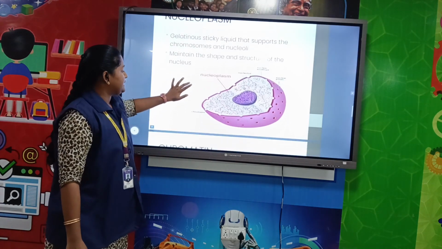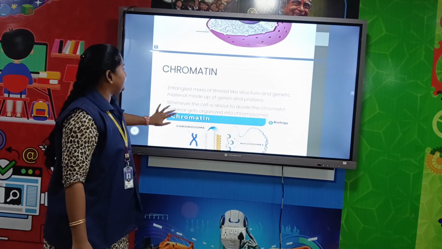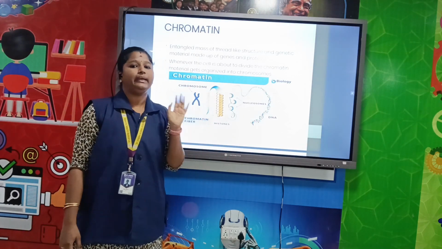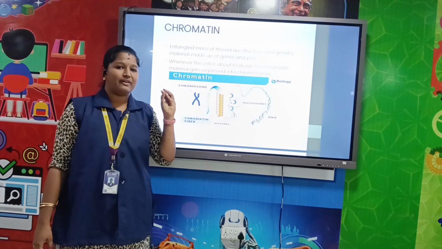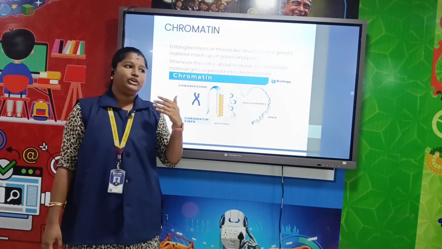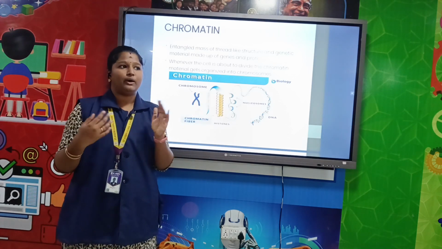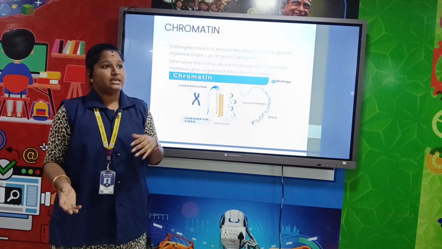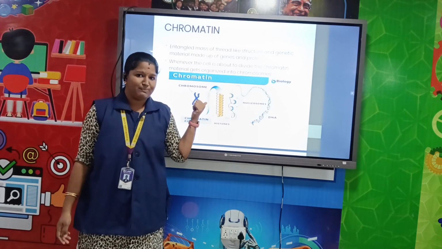Next we move to the third component, that is chromatin. This chromatin is a very important concept. You have studied it in the lower classes itself. When you are dealing with the higher classes, or if you are planning to take a science group in college, chromatin is a very important basic concept.